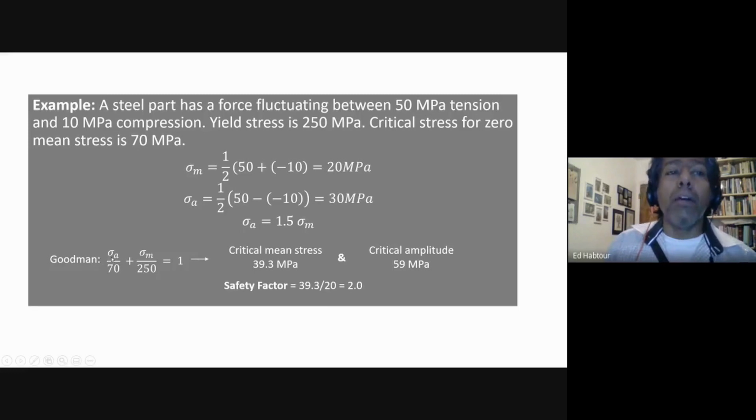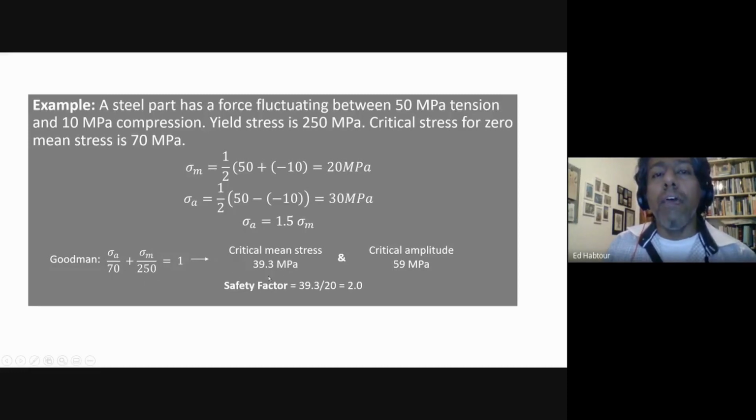And then I plug all of this into the Goodman equation, and I get a critical mean stress and a critical amplitude stress. So this is the critical amplitude, critical mean.